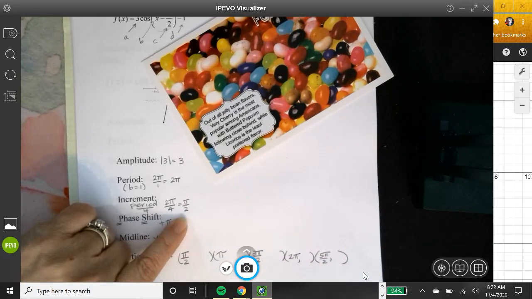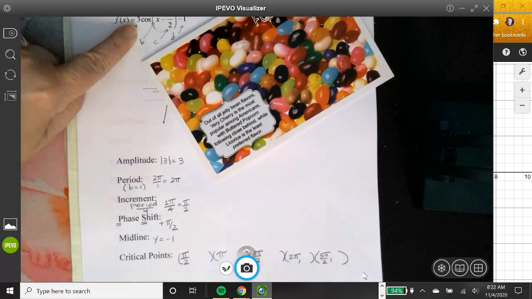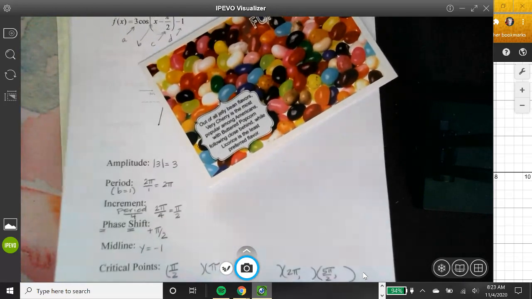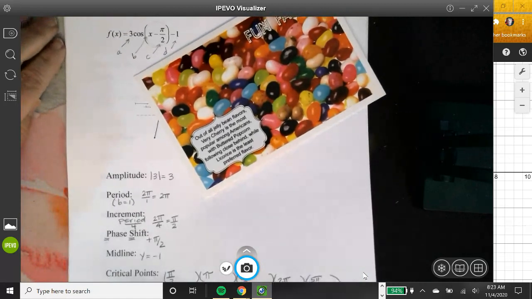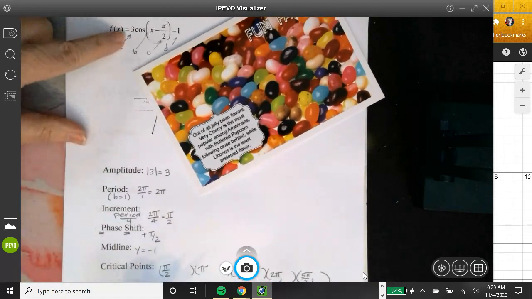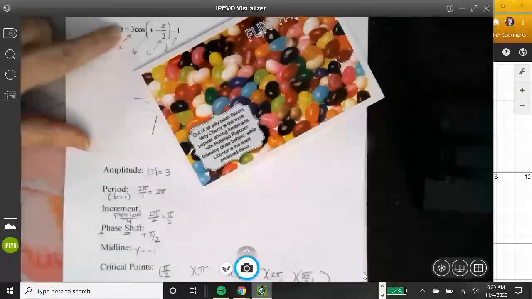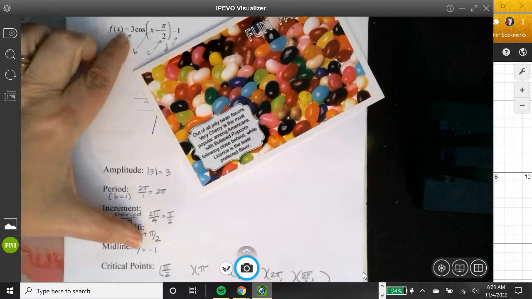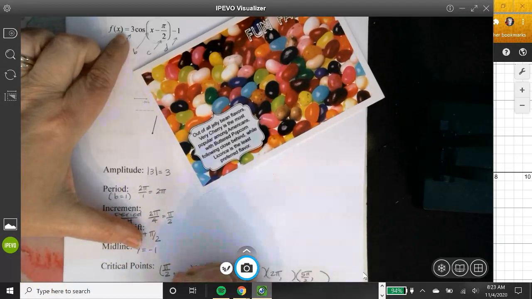Okay? Now, this is a cosine curve. So on a cosine curve, do you start on or off the midline? Well, cosine starts off the midline and up in amplitude. Okay, so let's see. Cosine starts off and up in amplitude. Well, if my midline is -1, if I add 3 to -1, I get 2.